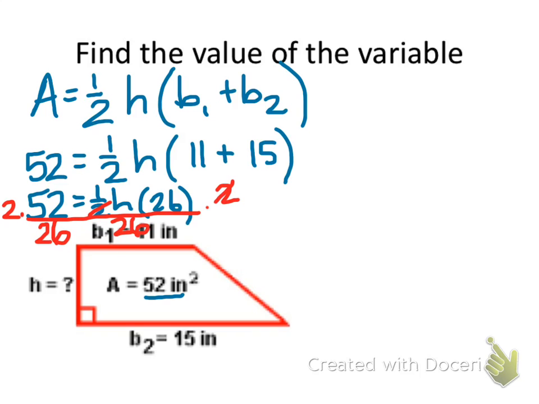That'll cancel the 2's, and it'll cancel the 26 over here. We'll have h by itself. Doing that order of operations with the 52, 52 times 2 divided by 26, we get h equal to 4 inches.